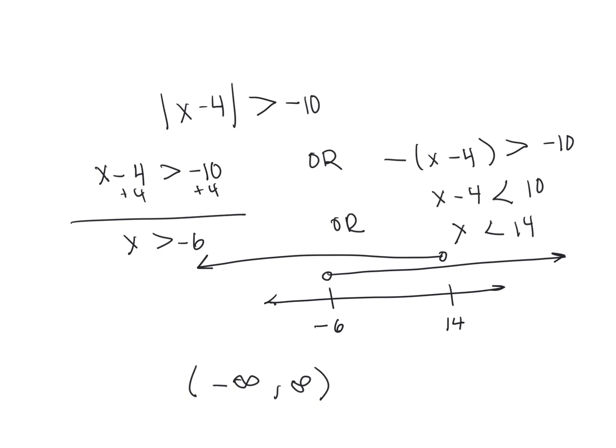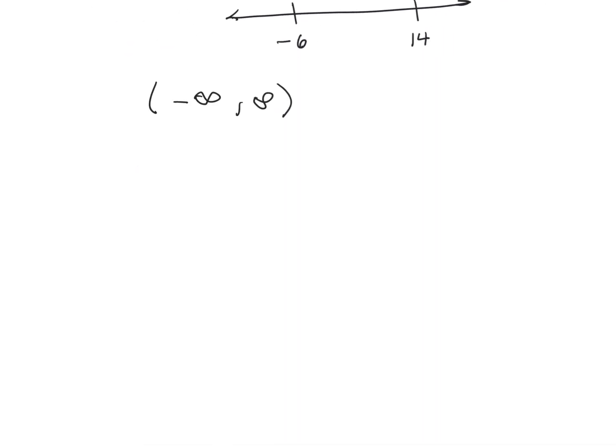Now, I could have noticed this right here, the very beginning. Any absolute value has to be greater than a negative number. So just looking at this right here, I could have deduced from the very start, without doing any of the other math, that this was always going to be the case. It will also be the case that sometimes you'll get something that has no solution.